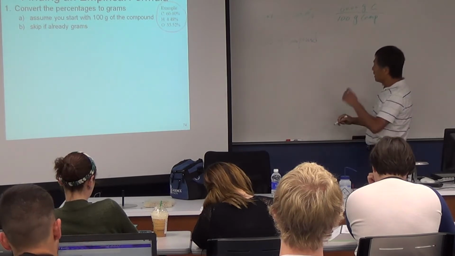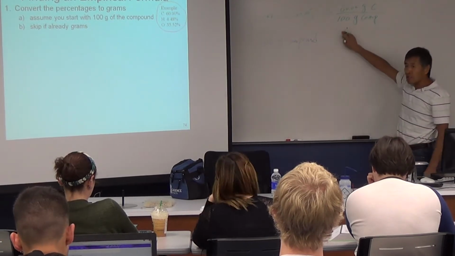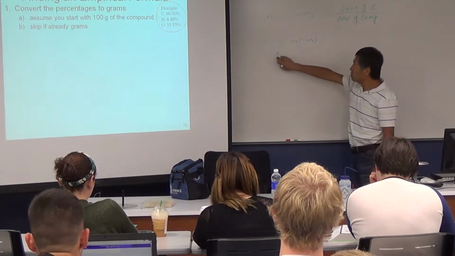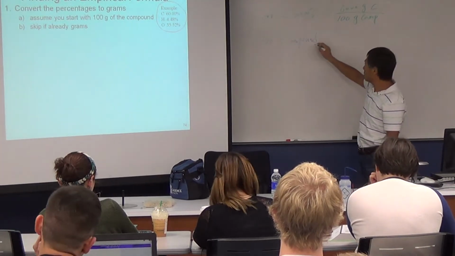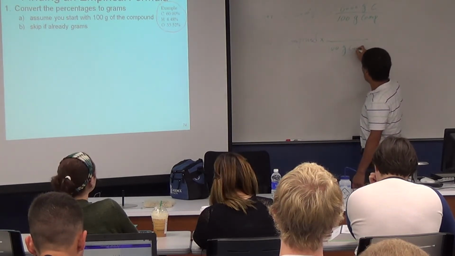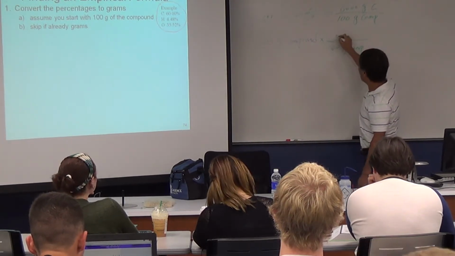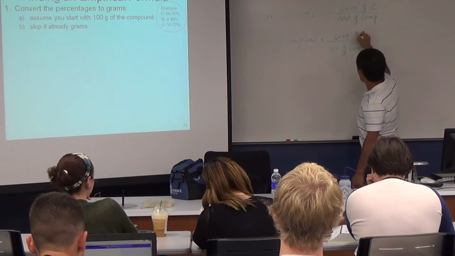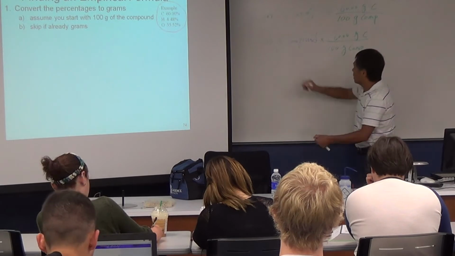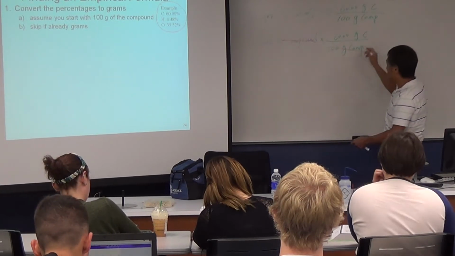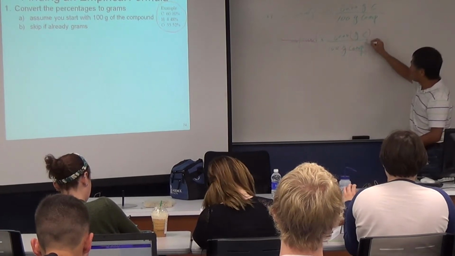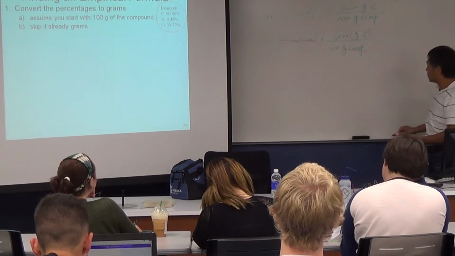So then you can use this fraction as a conversion factor. Here we assume we have 100 grams of compound. If I multiply by 100 grams of compound and 60.00 grams of C over 100 grams of compound, you can see the cancellation: the grams of compound cancel out, and the only unit left over is grams of C, which is the information we need.